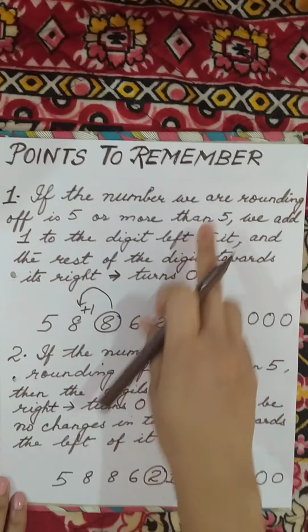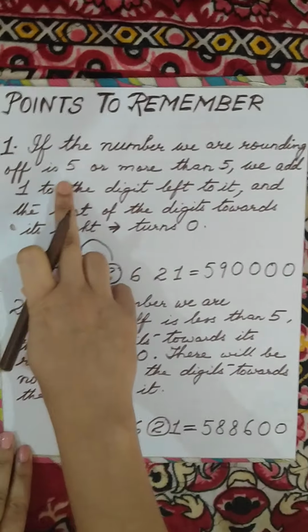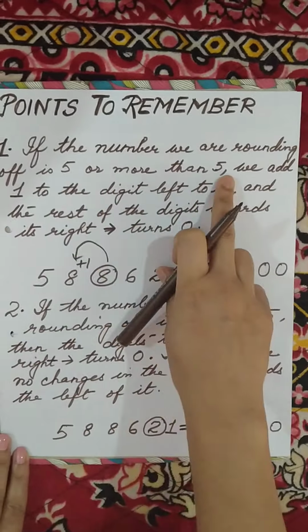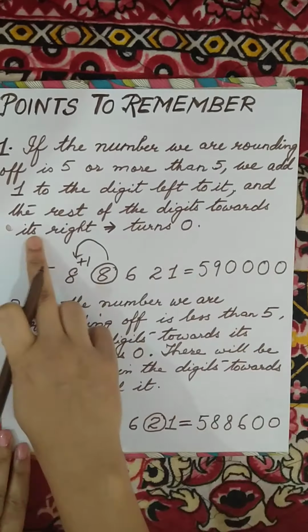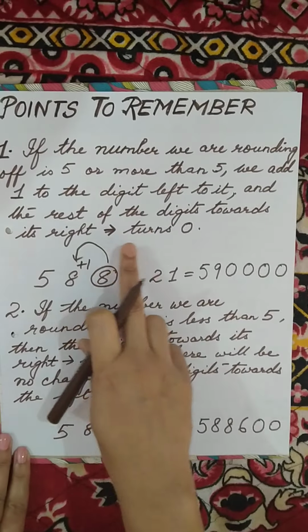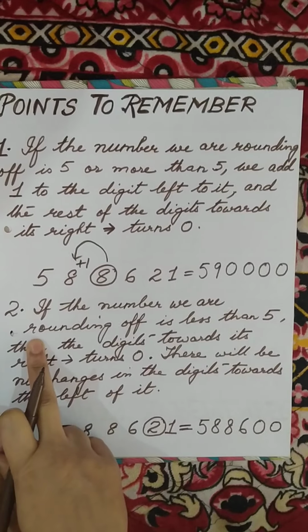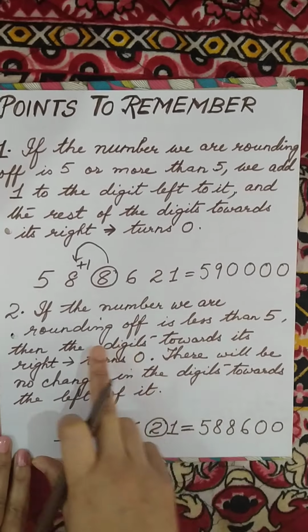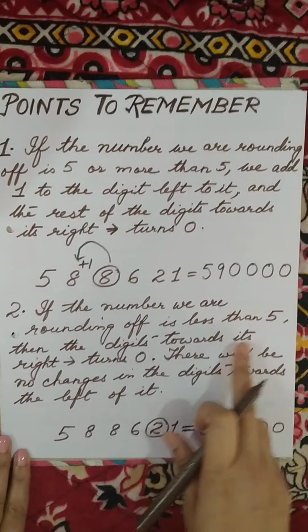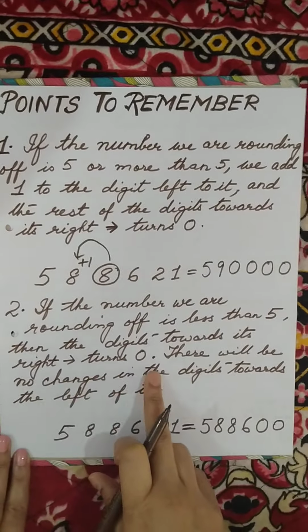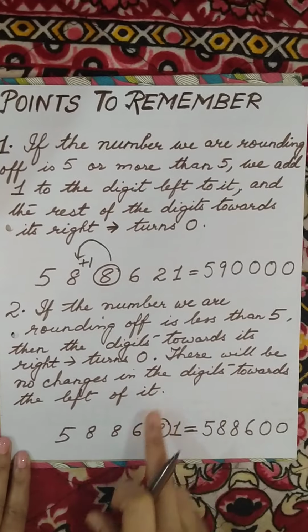If the number we are rounding off is 5 or more than 5, we add 1 to the digit left to it, and the rest of the digits towards its right turns 0. Second point to remember, if the number we are rounding off is less than 5, then the digits towards its right turns 0. There will be no changes in the digits towards the left of it.